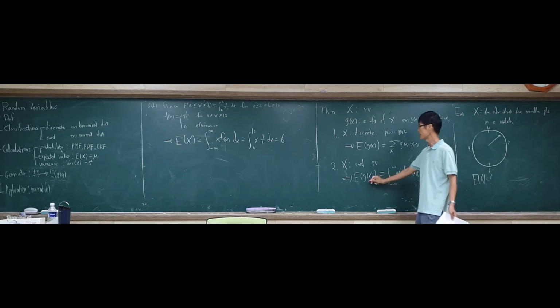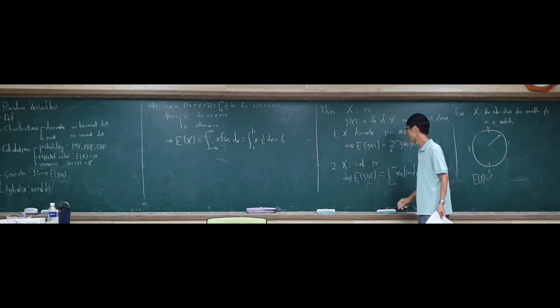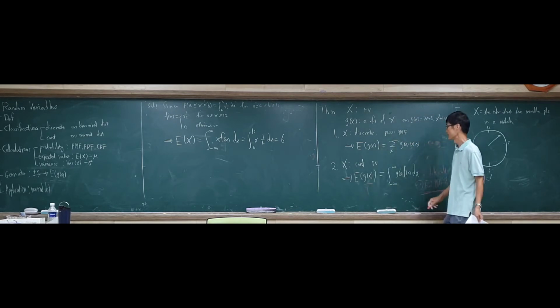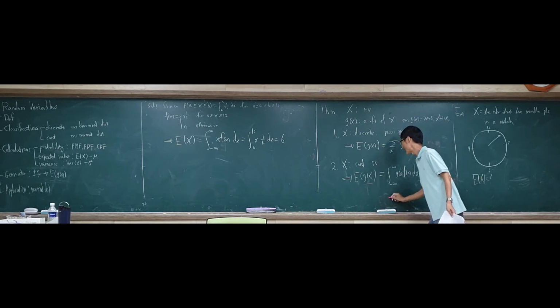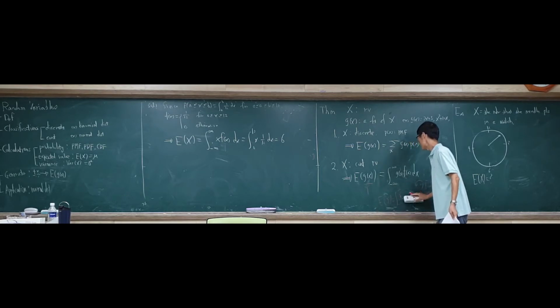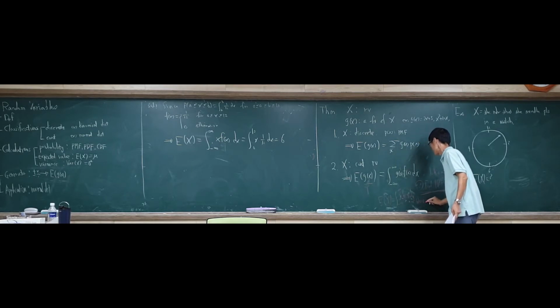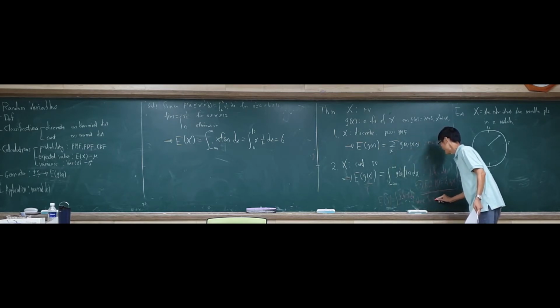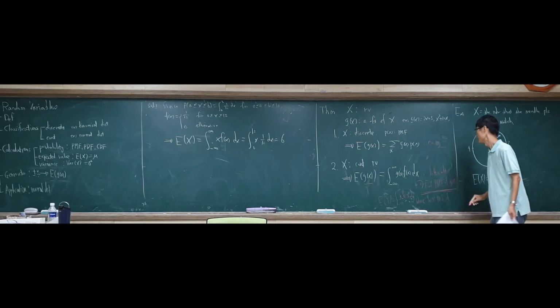If you replace g(x) with y, then usual E(y) is defined as the integration of y h(y) dy, where h(y) is the PDF of y.